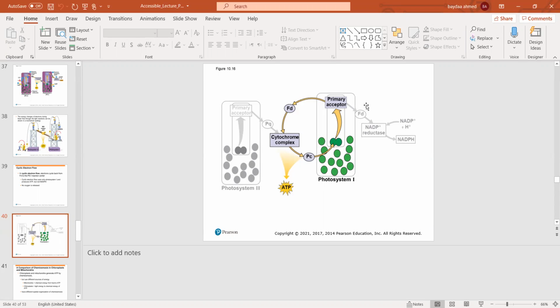The shadow of linear electron flow is included in the diagram for comparison with the cyclic route. The two ferredoxin molecules in the diagram are actually one and the same. Okay? The final electron carrier in the electron transport chain of photosystem 1, although it is duplicated twice to clearly show its role in two parts of the process.